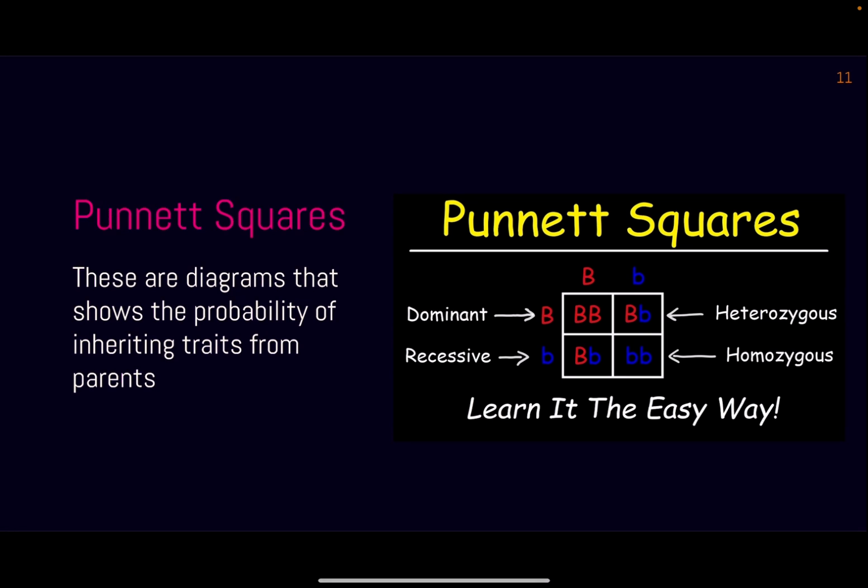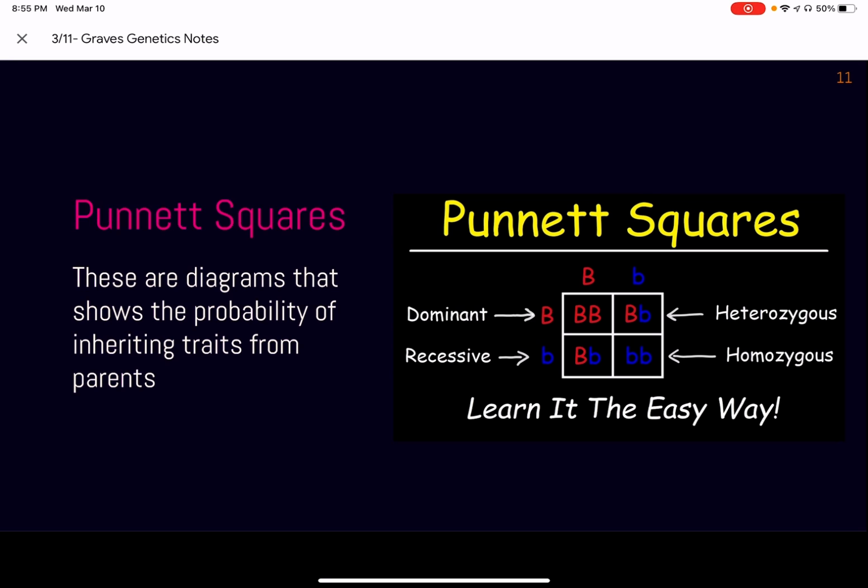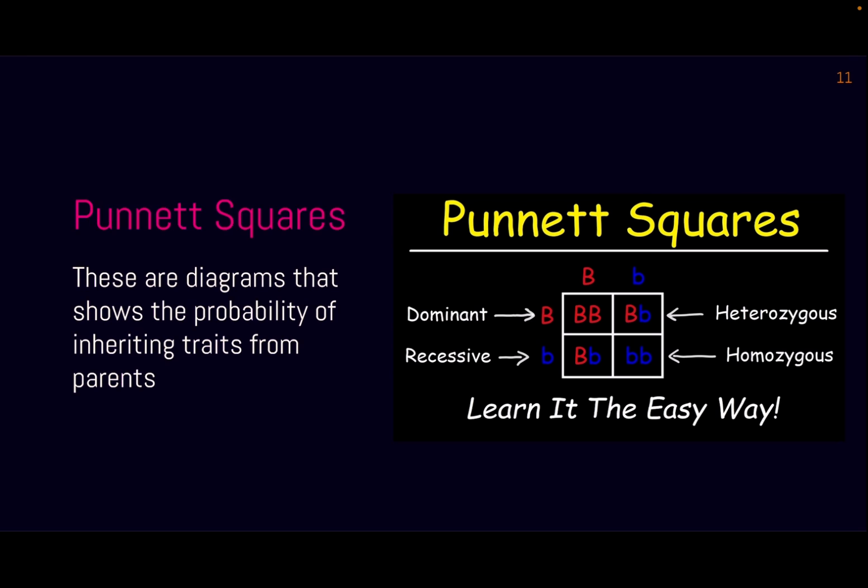We use something called Punnett squares to figure all of this out, which is what we're going to be doing this unit. Punnett squares are diagrams that show the probability or chances of inheriting traits from parents. So, for example, here we have on this screen two parents.